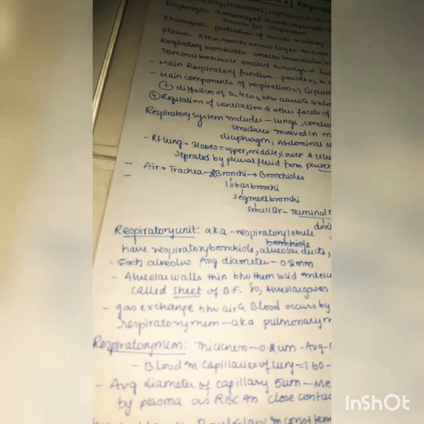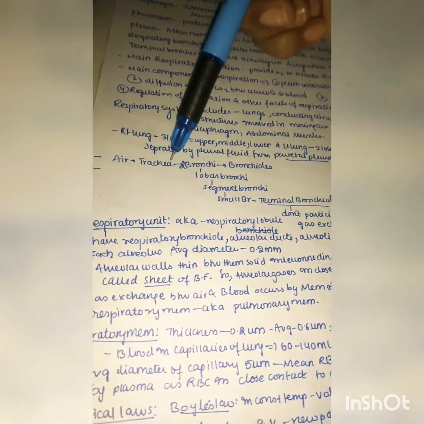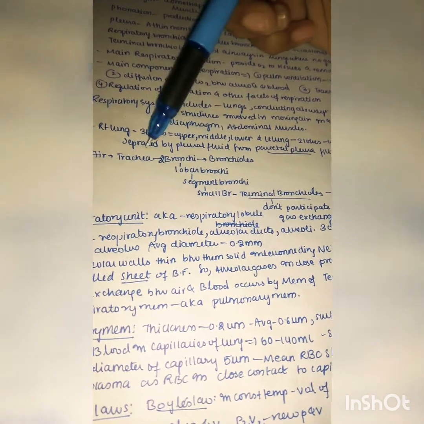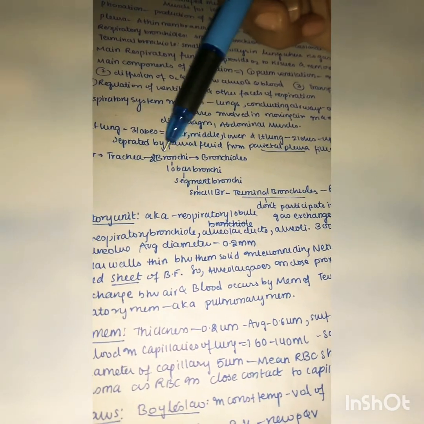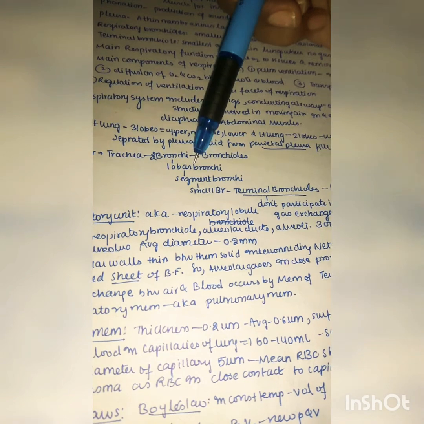So when you start the pathway of the lungs, first, air is the important one. It enters by means of your nose or mouth, and finally enters into the trachea. The trachea is called the windpipe. The trachea goes to the bronchi; it is divided into two bronchi.